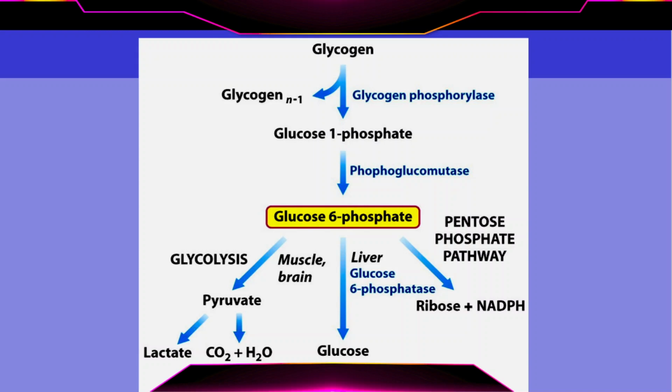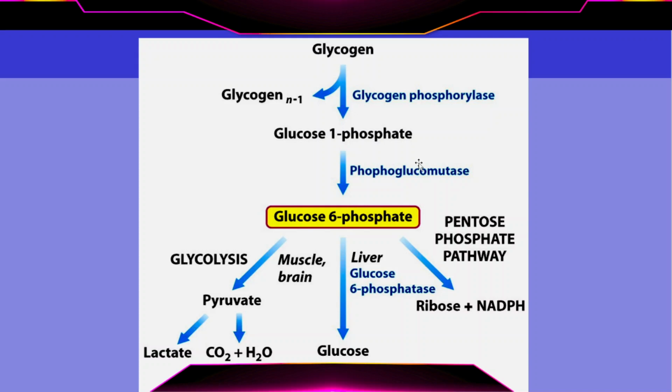So the number one step in glycolysis usually is to convert glucose to glucose 6 phosphate. But if you have glucose 1 phosphate, it's much easier. So that's where glycogen phosphorylase is used. And as we'll talk later, you'll see how this glucose 1 phosphate is used in many different pathways.